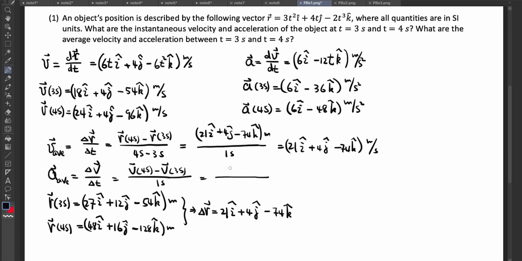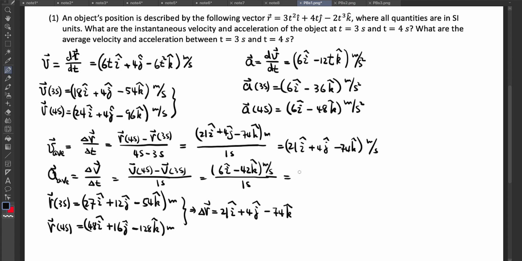And we actually already have the two v's here, right? These two. Let's figure out what delta v is. So the first term, 24 minus 18, is 6 i hat. The second term disappears, they cancel. The third term is negative 42 k hat, and that's in meters per second, and the denominator is 1 second.